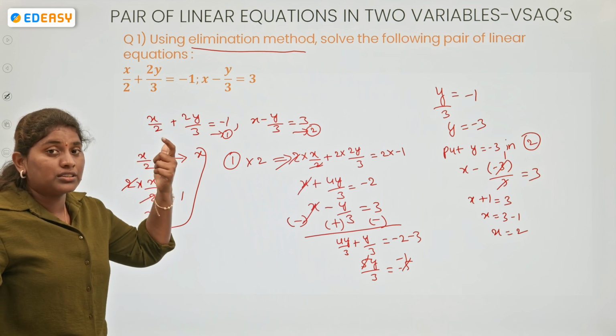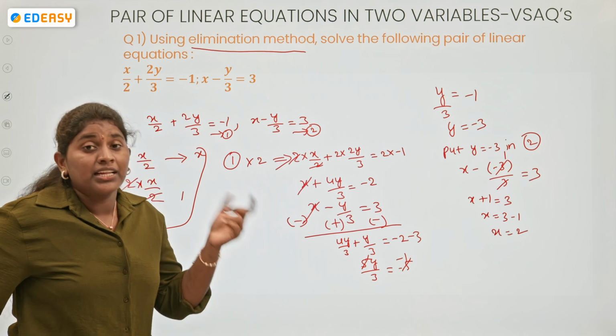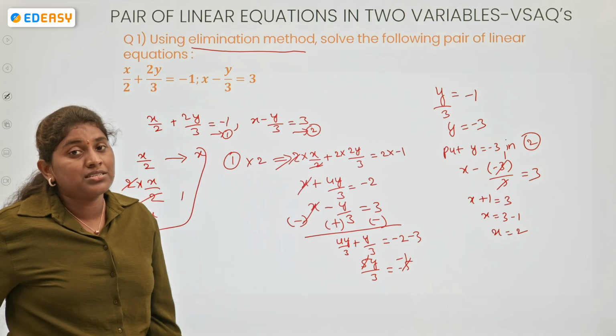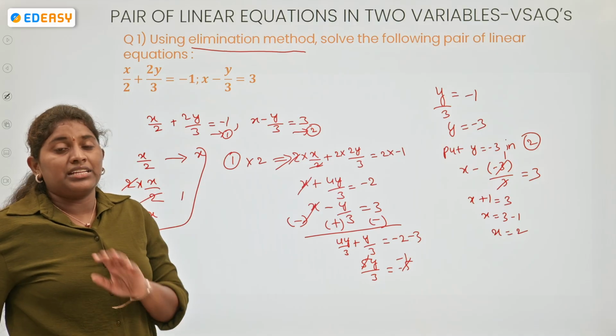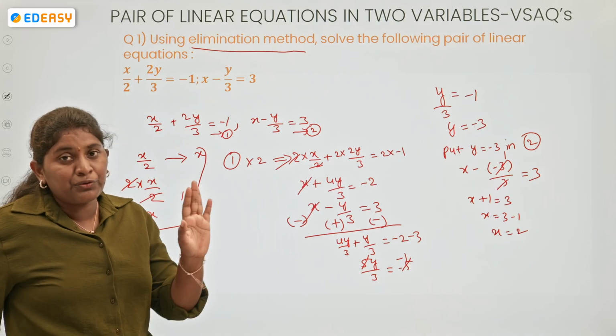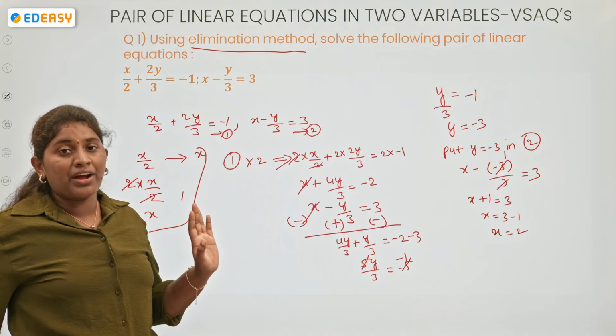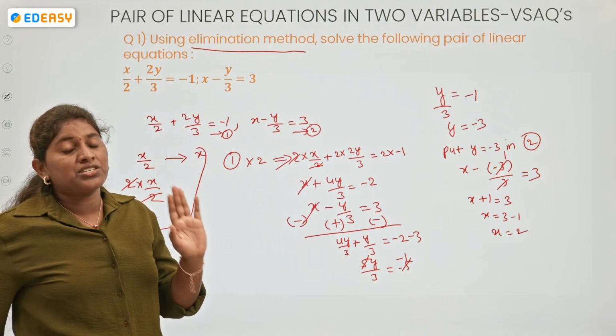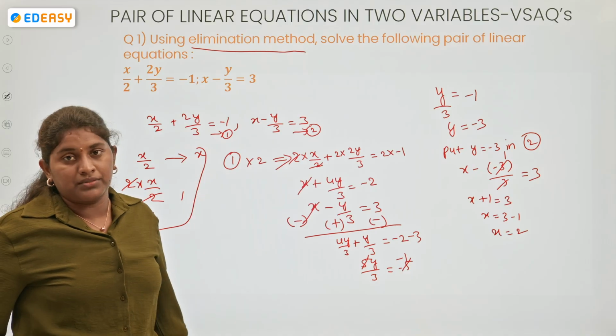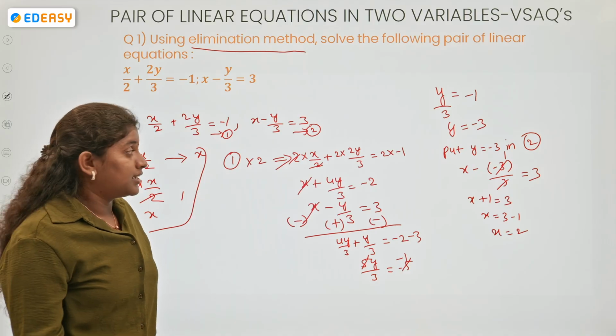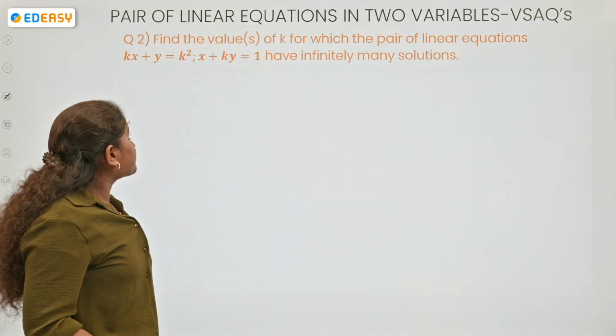If we need to multiply, then we need to check what are the numbers required. For the elimination method it's very simple. You need to make the coefficient same, and for making the coefficient same you need to multiply the equation with which number. Clear? Yes. Now let's go for the next.